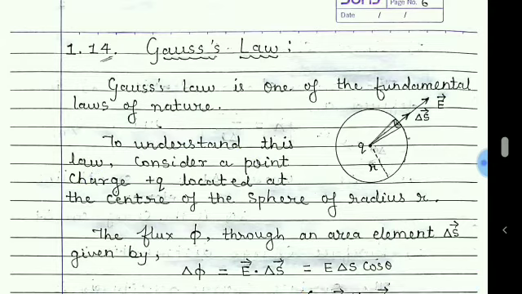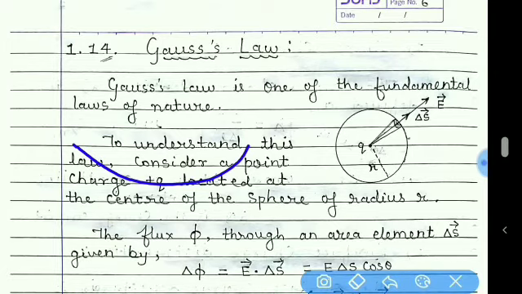And if the surface is concave, then at this point the area vector will be towards that point. But here we know that the surface of a sphere is convex, so the area vector will be coming out of that surface.